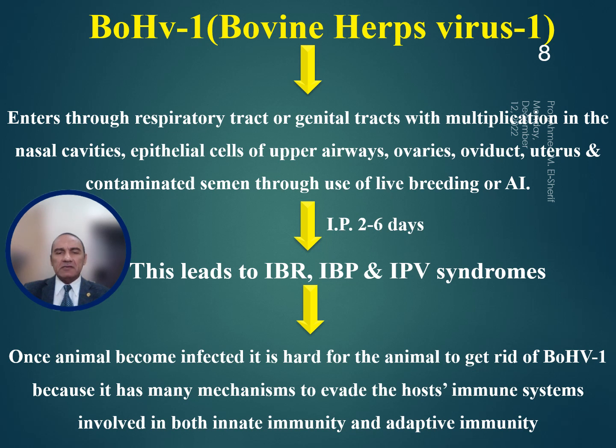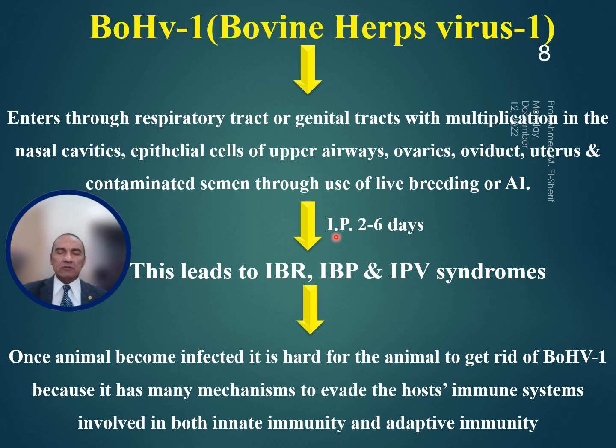Bovine herpes virus 1 enters through the respiratory tract or genital tracts with multiplication in the nasal cavities, epithelial cells of upper airways, ovaries, oviduct, uterus, and contaminated semen through use of live breeding or artificial insemination.